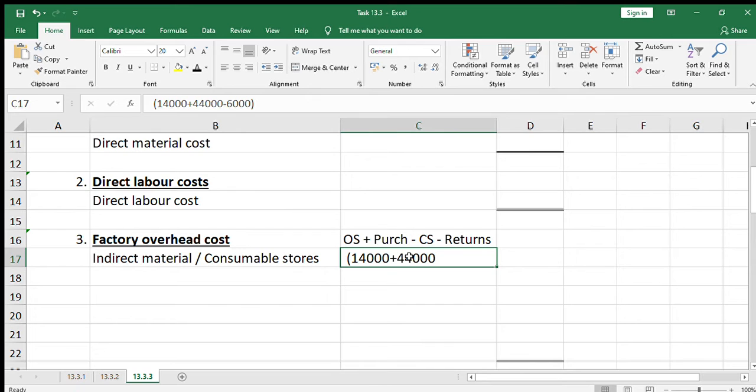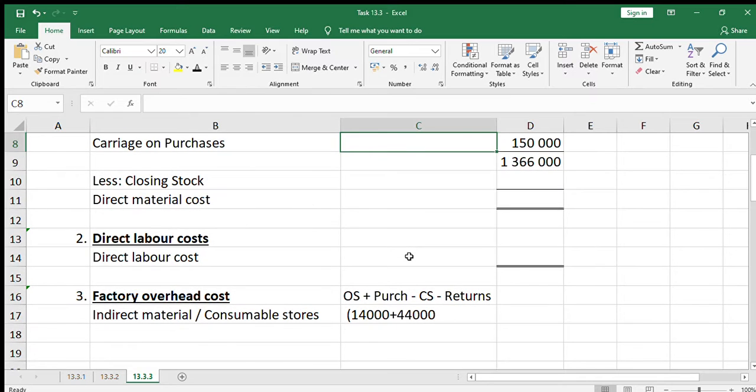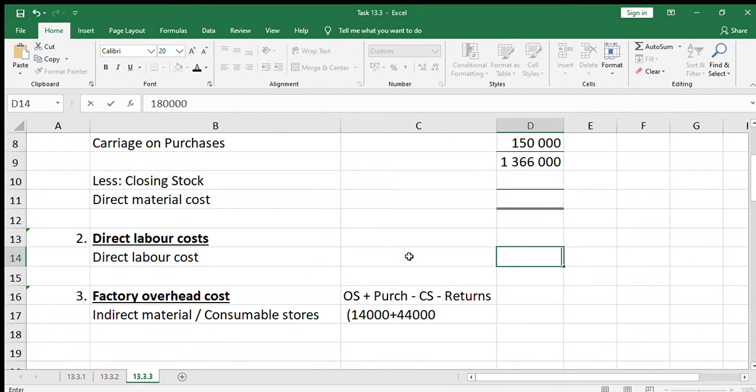Okay, then number 6, salaries and wages paid amounted to 360,000. 180,000, this was for direct labor. Okay, so go to note 2 for direct labor cost, and you're just going to put in the direct labor amount here, 180,000.